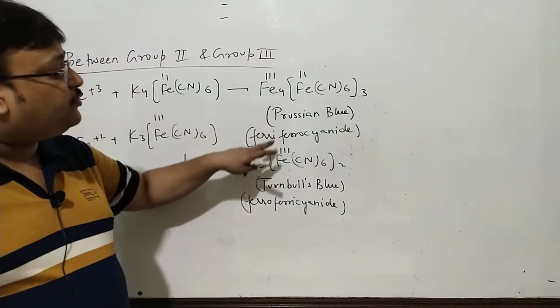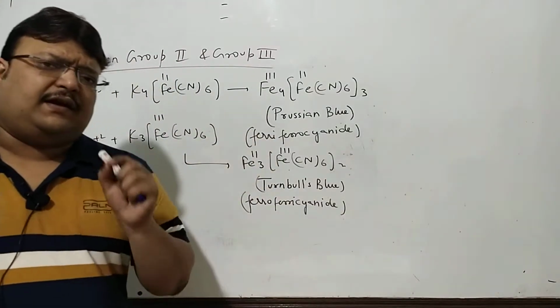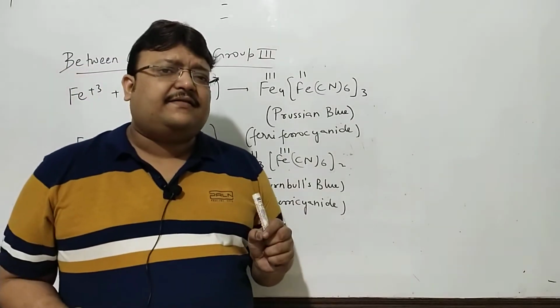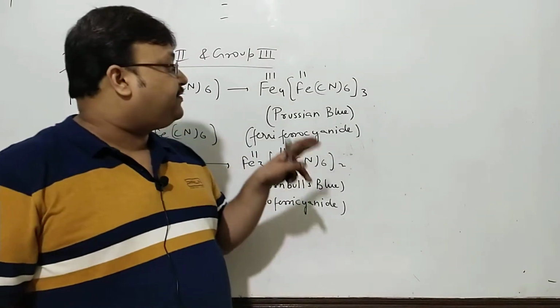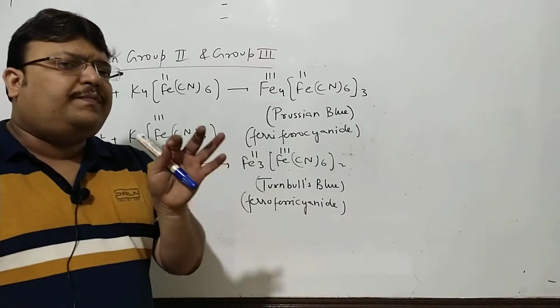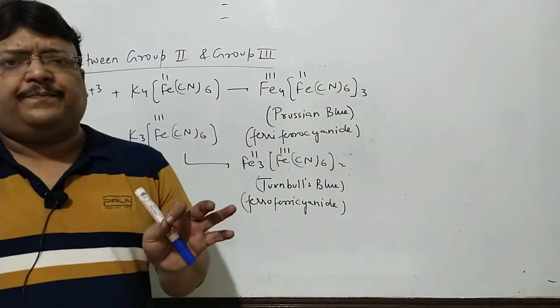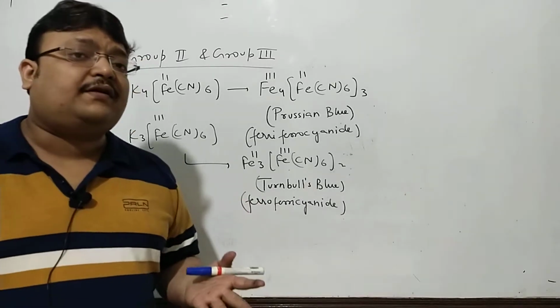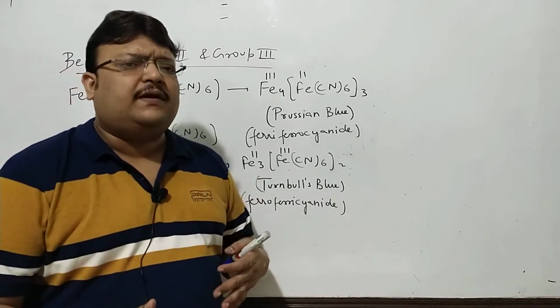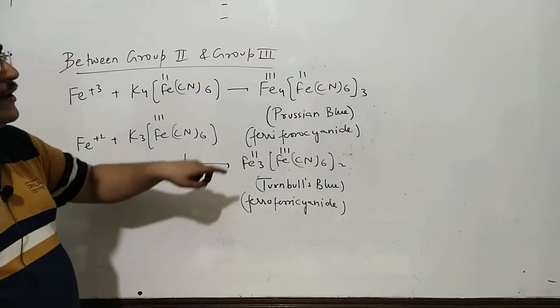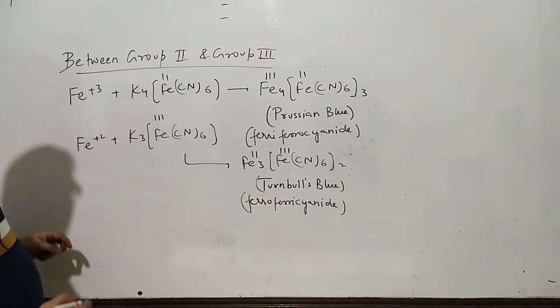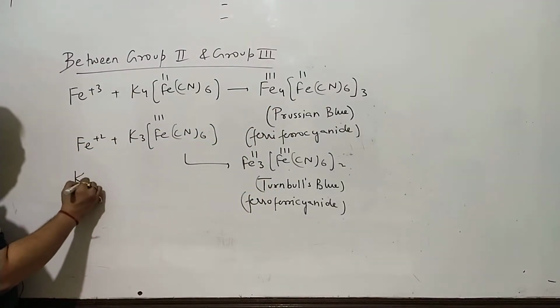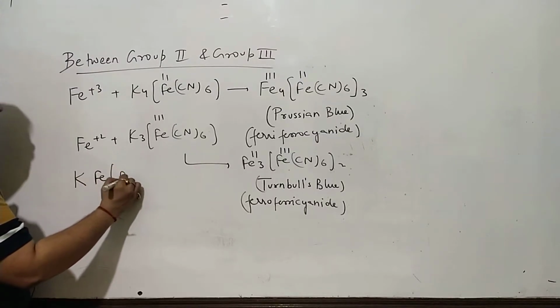Now both shades of blue differ very marginally, and X-ray analysis confirms that both Prussian blue and Turnbull's blue could be represented by a common formula. So this is the new school of thought, the new current information. Chances are now the questions will require this piece of information. Both Prussian blue and Turnbull's blue can be represented with a common formula, KFe[Fe(CN)6].